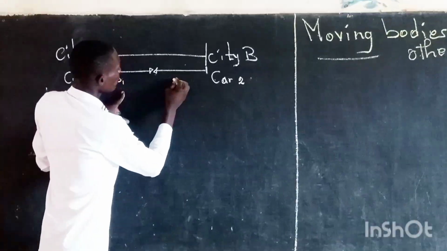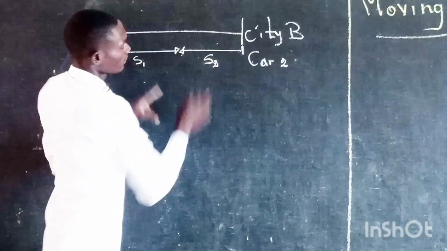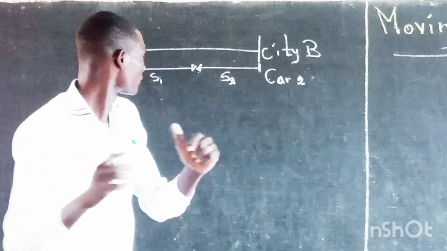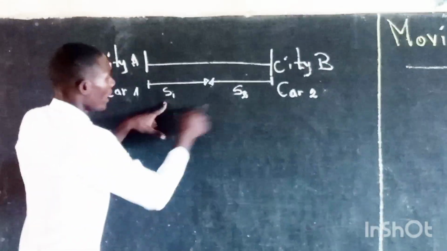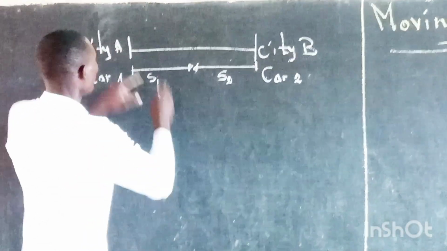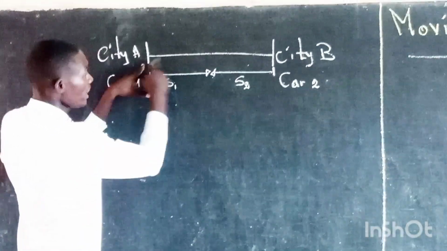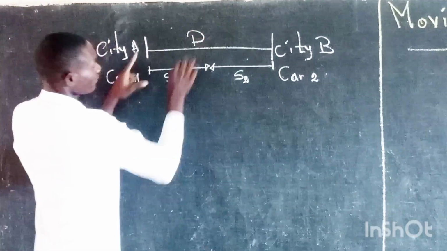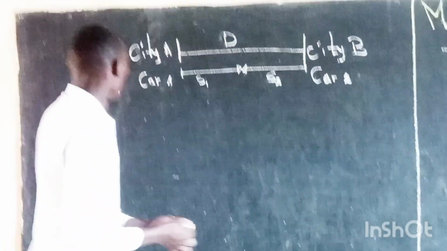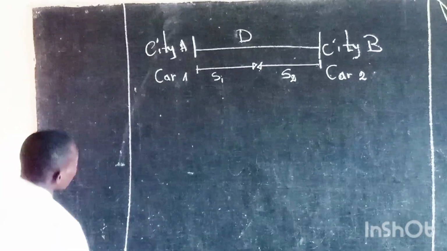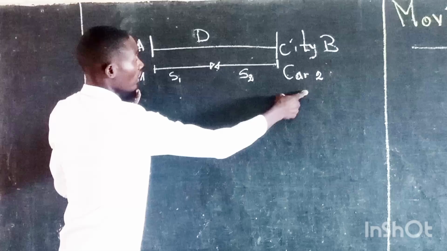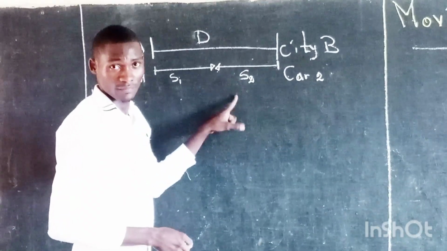It is also having speed, which we are going to call speed 2. Now, remember that there is a common distance. That common distance is the distance between city A and city B. We write here distance. So by now, our two cars are going to move towards each other.